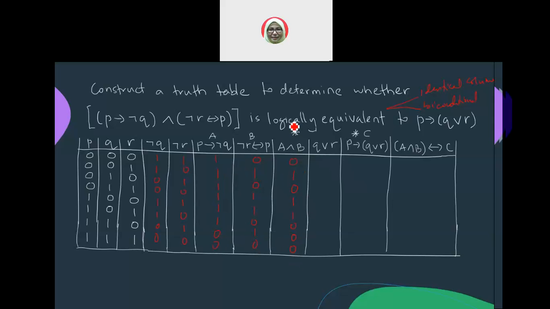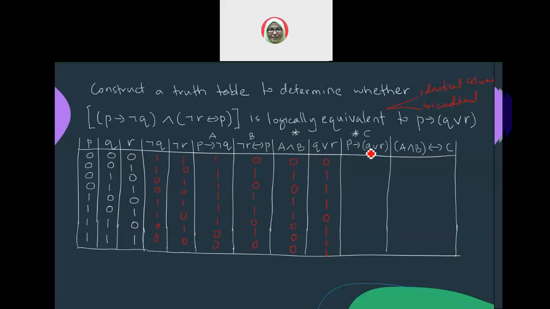Right. So now Q or R, one value 1 will be 1. 1 0 gives 1, 1 1 gives 1, 0 0 is 0, 0 1 gives 1, 1 and 1 is 1, 1, 0, 1, 2, 3, 4, 5, 6, 7, 8.